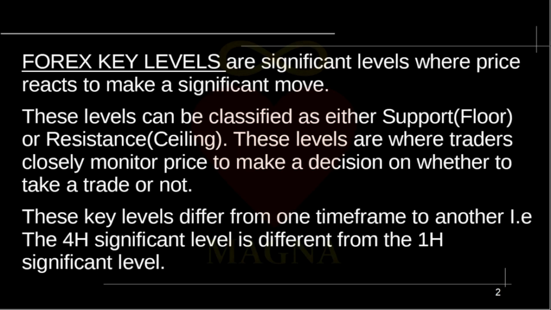The higher the time frame, the more significant the key level is. The lower the time frame, the less significant the key level is. But you can find further confirmation of a lower time frame significant level with how price is moving on the higher time frame.